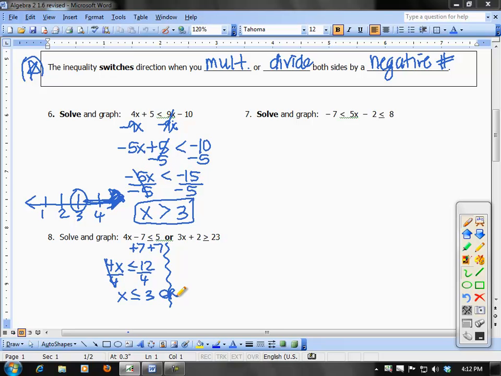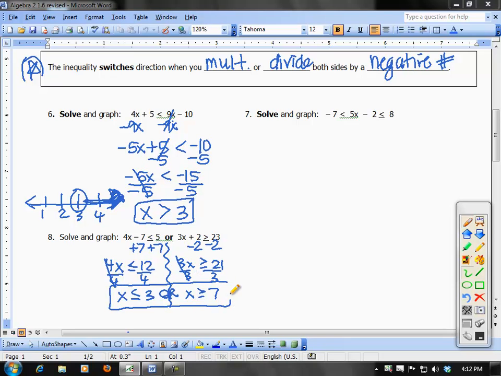I'm going to write "or" in the middle, and then I'm going to solve my second one. 3x plus 2 is greater than or equal to 23, so I'm going to subtract 2. 3x is greater than or equal to 21. When I divide by 3, x is greater than or equal to 7. Again, the sign does not switch because the 3 was positive.